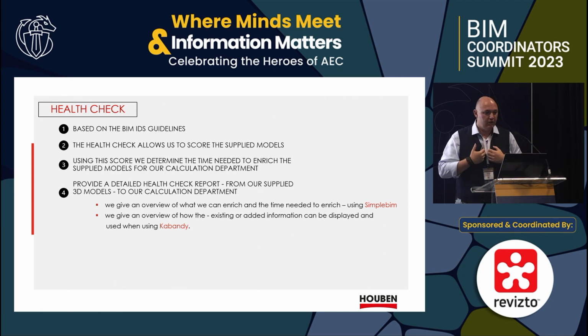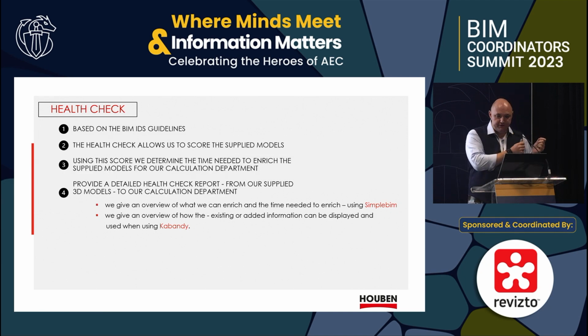We take the most important guidelines for us, we put some points on each guideline, and at the end of the health check, you will have an overall score that gives us an idea of how much time we need to make an enriched model out of that received model.